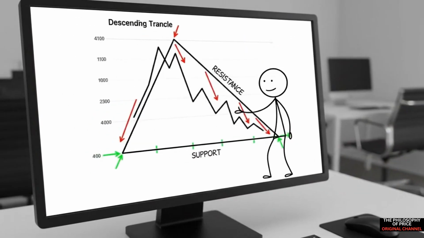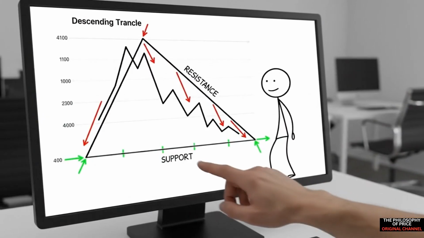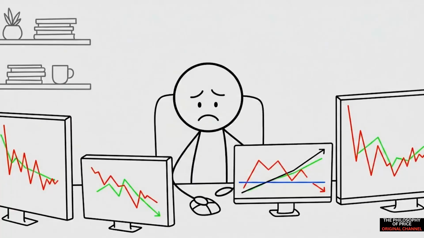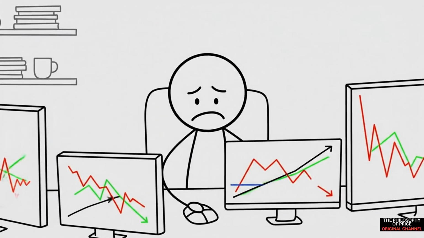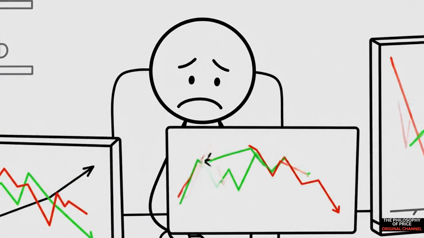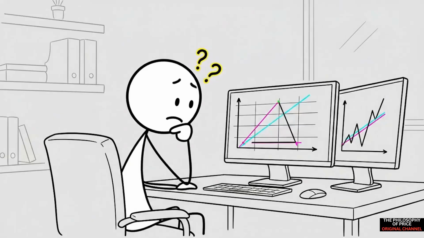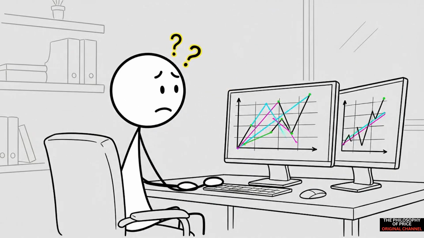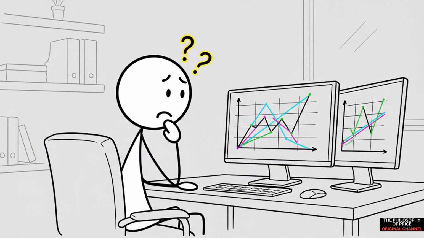Conversely, in a descending triangle, we observe a stable support level paired with progressively lower peak prices. Sellers become increasingly eager, pushing supply earlier and repeatedly testing the demand at the lower boundary. The crucial question for any triangle formation is whether true price compression is occurring or if it's simply a period of inactivity.